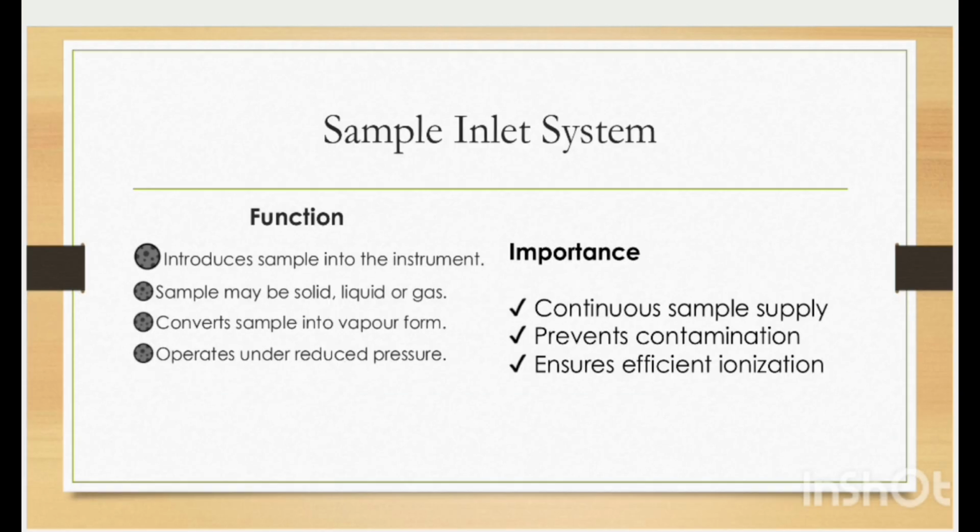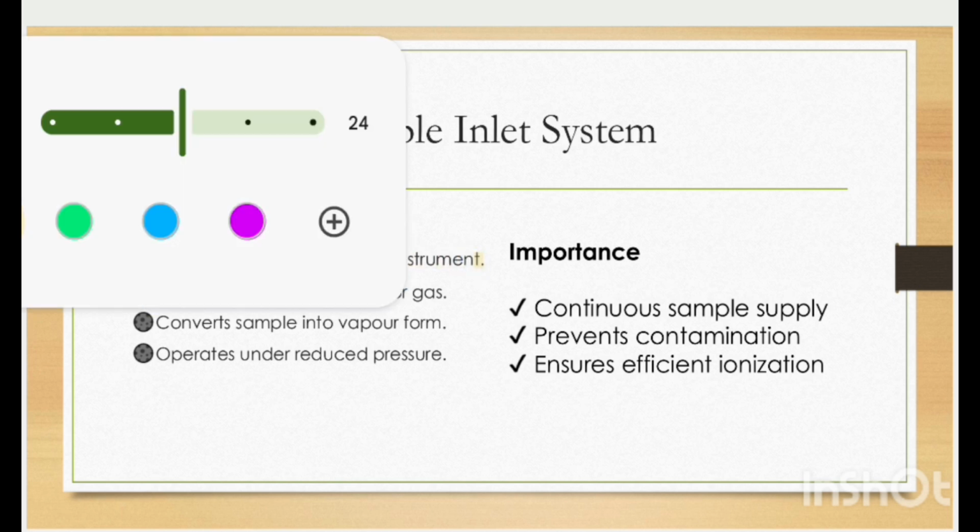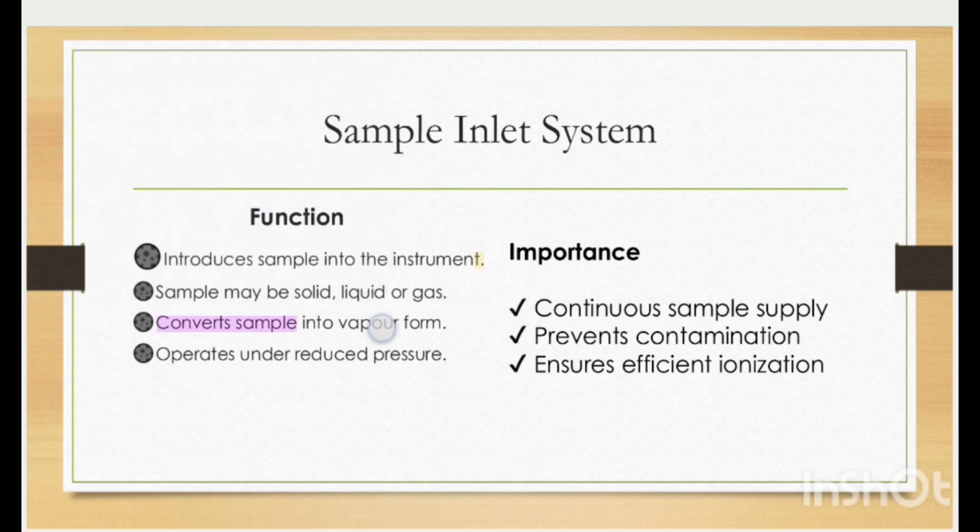The first component is the Sample Inlet System. Its main function is to introduce the sample into the instrument. The sample may be solid, liquid or gas. Before ionization, the sample is converted into vapor form and introduced under reduced pressure.